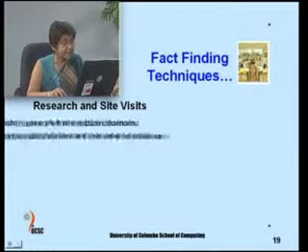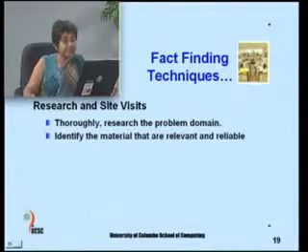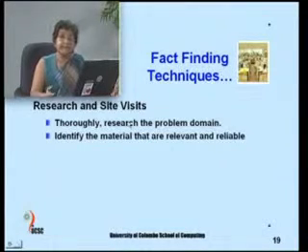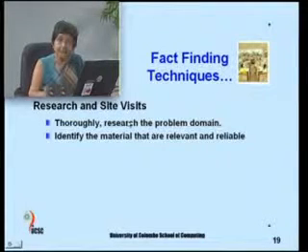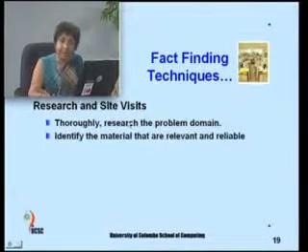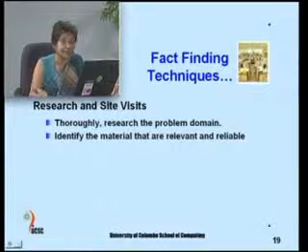Research and site visits. So, thoroughly research the problem domain. What we say is researching: either the analyst may have solved this kind of problem before in a previous system, or if the analyst has no such exposure, maybe somebody else has done it somewhere.